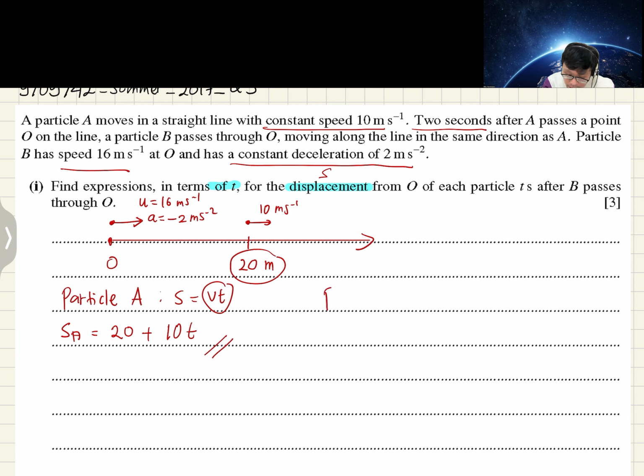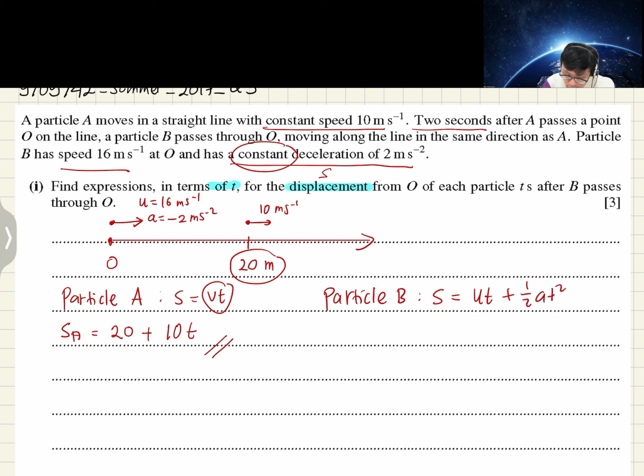For particle B, we need to use the SUVAT equations because it has constant acceleration, or in this case, deceleration. So we can use the third equation, s equals ut plus half at squared.